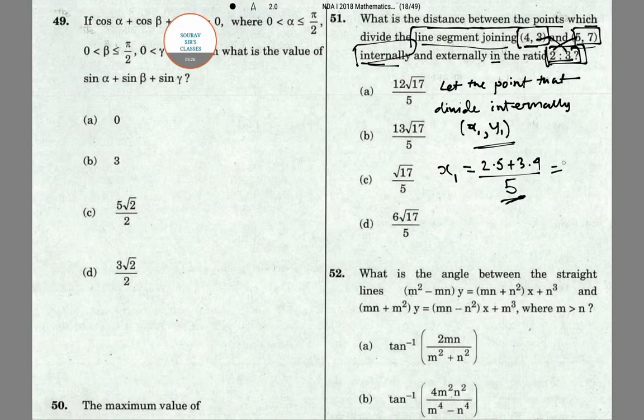So the value will be equal to 22 by 5. So we have found the value of x1 to be equal to 22 by 5.